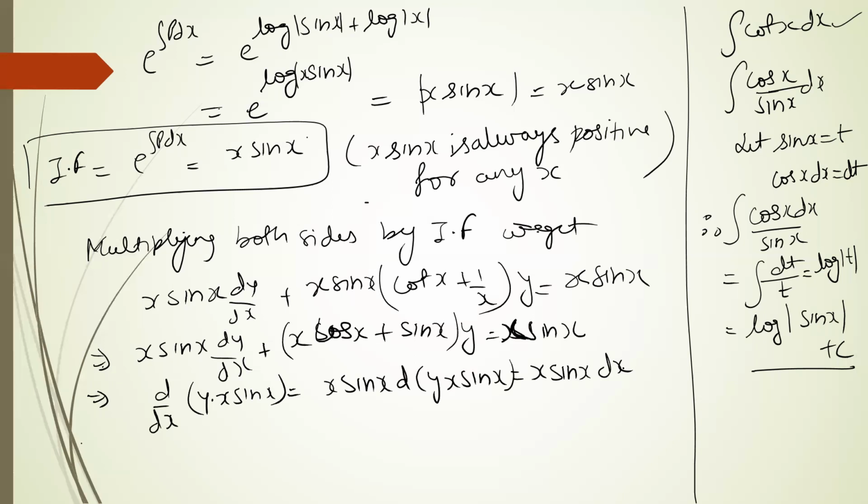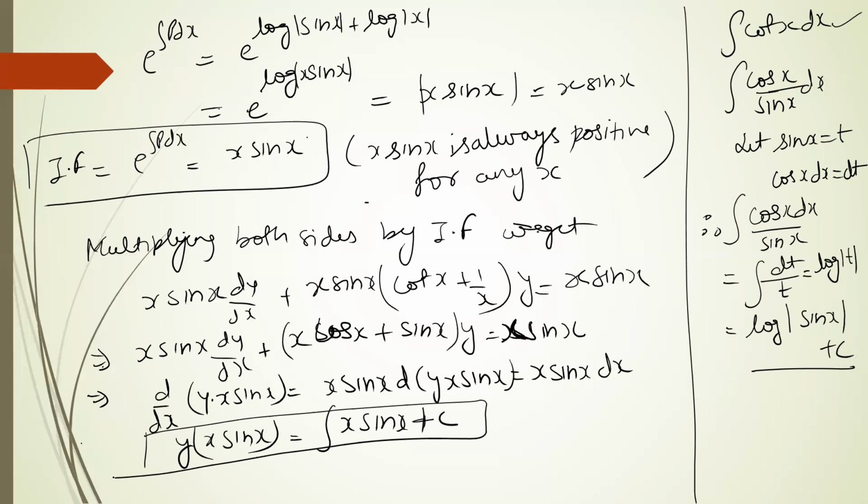Now integrating both sides, what we'll get after integration? We get y x sin x is equal to integral of x sin x plus c. Further, we have to solve the integral of x sin x, and we know how to do it.